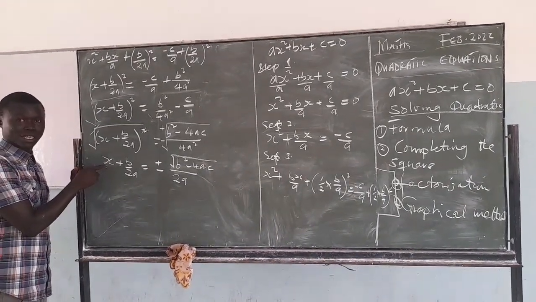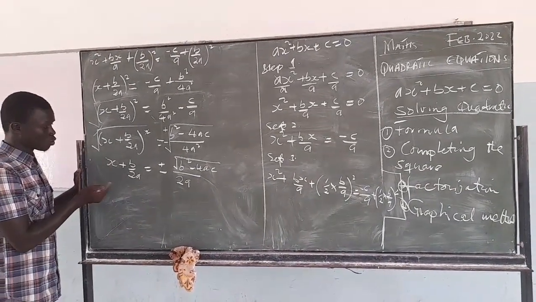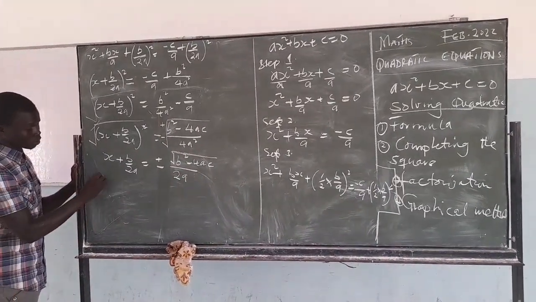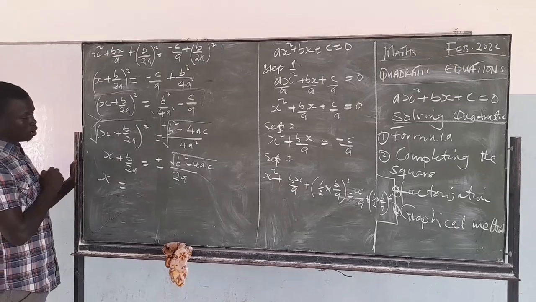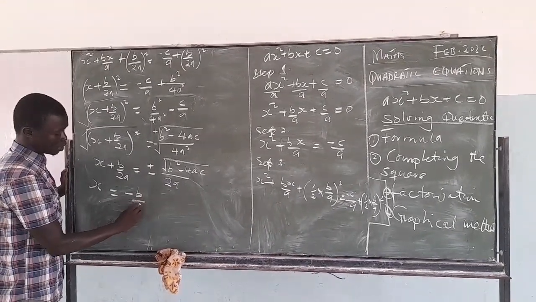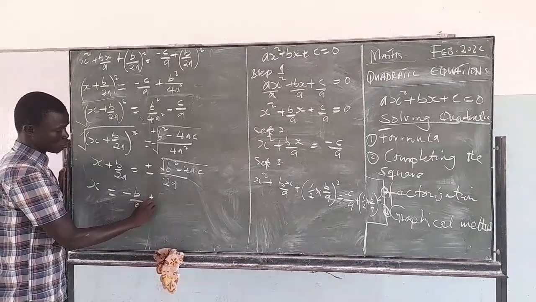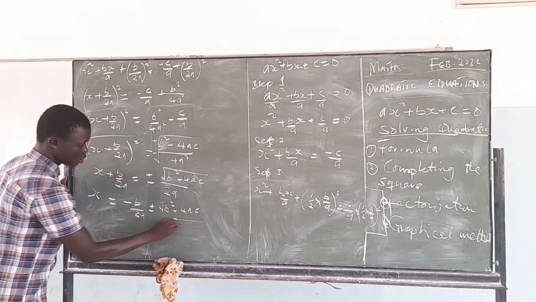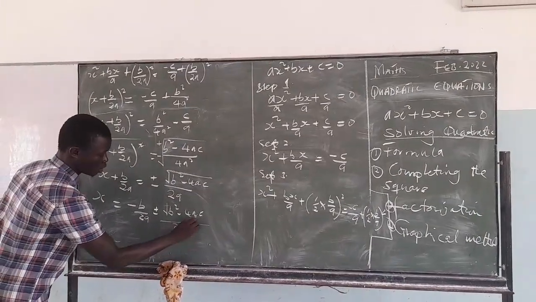That is the x. We want to know the x. So knowing the x, we can just what? We can transpose this. Right? So when this moves to this side, it becomes minus b over 2a plus or minus square root of b square minus 4ac over 2a.